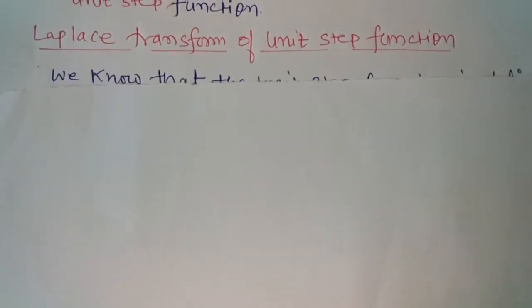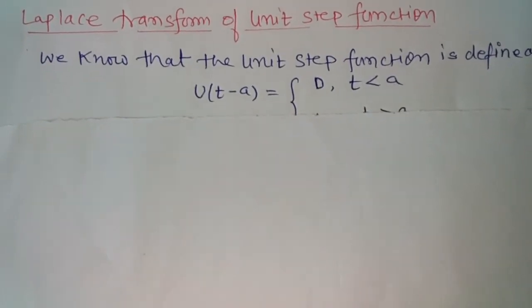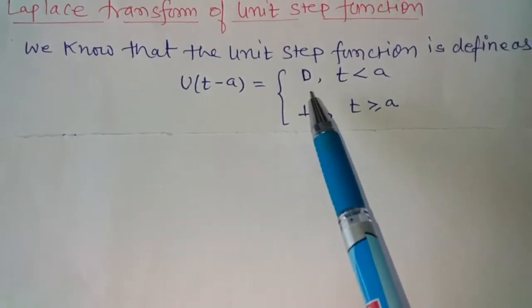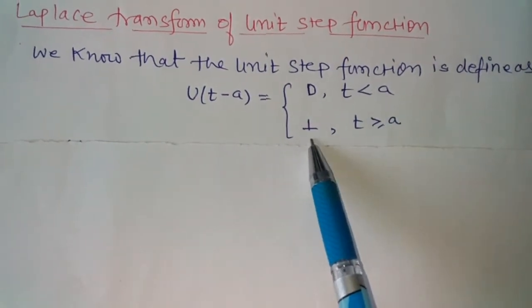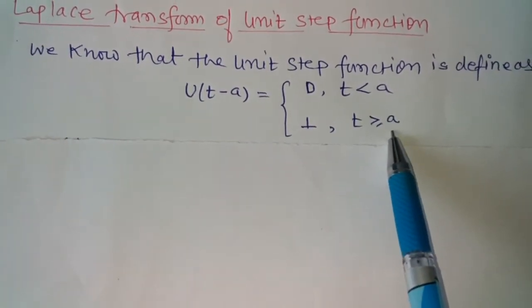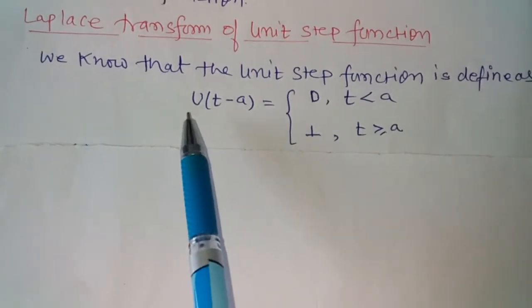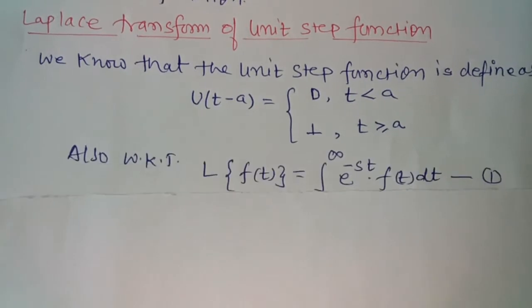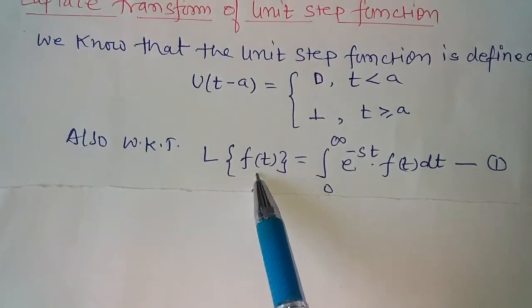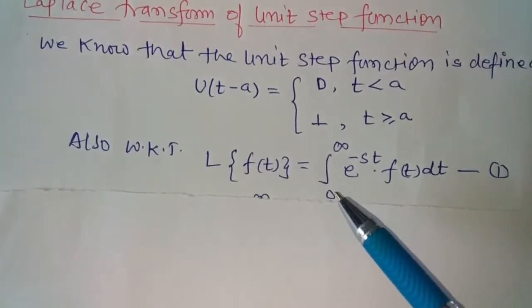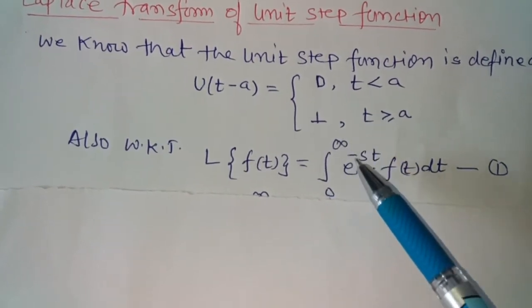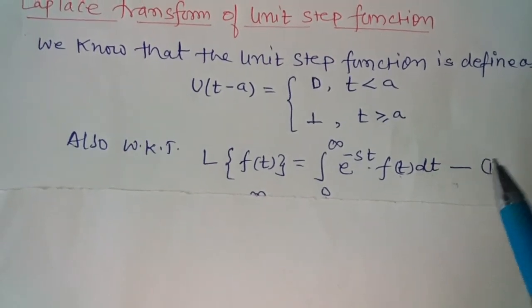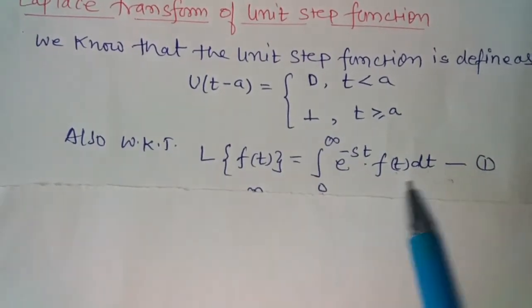We know that the unit step function is u(t minus a), which is defined as 0 when t is less than a and 1 when t is greater than or equal to a. Now we have to find the Laplace transform of unit step function. We know that the Laplace transform of any function f(t) is defined as the definite integral from 0 to infinity of e raised to minus st into f(t) dt, which is the definition of Laplace transform.